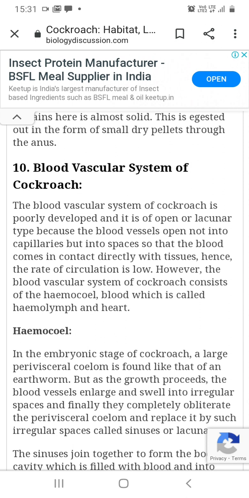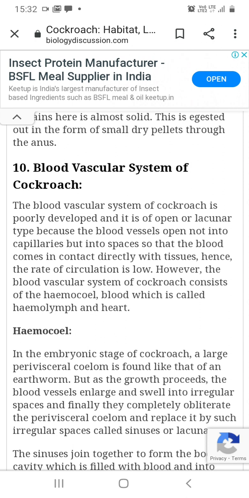The blood vascular system of cockroach is poorly developed and it is of open or lacunar type. Why? Because the blood vessels are open, and the vessels open not into capillaries but into the space or sinuses, so that the blood or the hemolymph come in contact directly with the tissues.